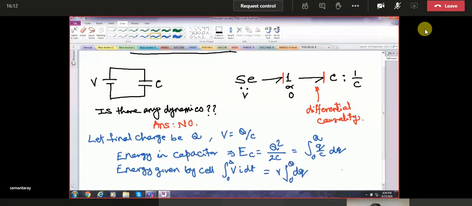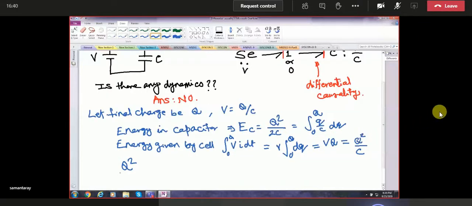So you have E dq, which is Q by C, so Q squared by C. So the cell gives energy Q squared by C, the capacitor stores half, Q squared by 2C. So half of the supplied energy is lost.